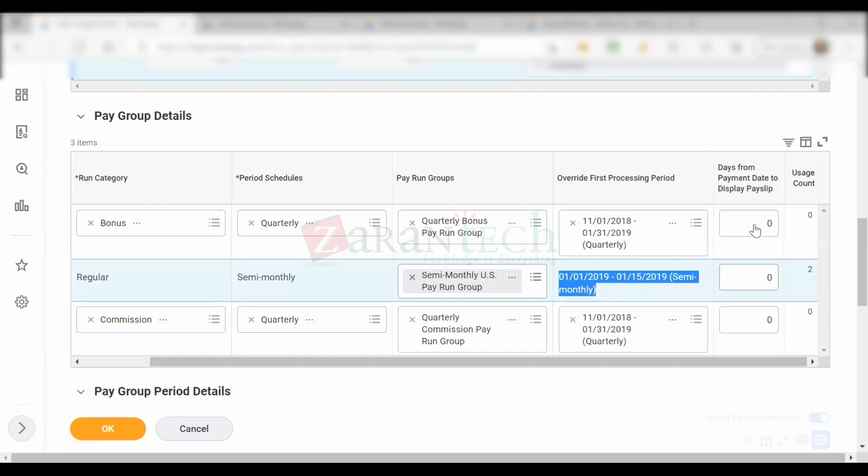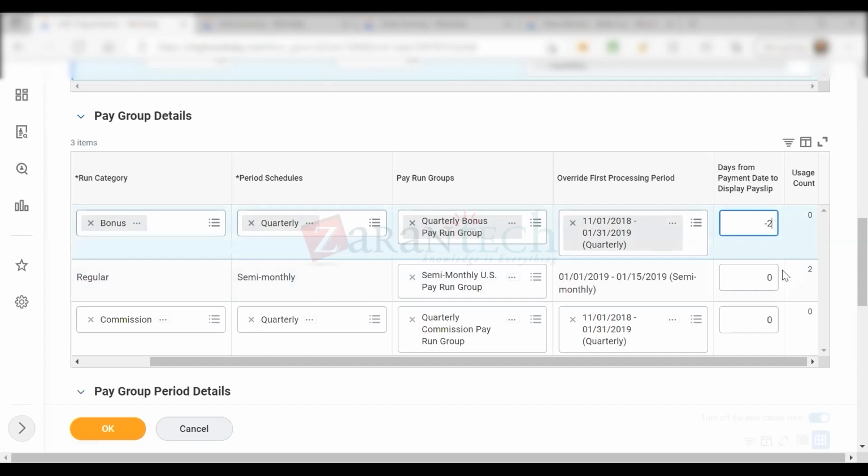Then we have an option to set how many days prior to the payment date we want the payslip to be available for the employee to see under self-service. If I put -2 days, it means that the payslip will be available under self-service for the employee to review 2 days prior to my payment date.